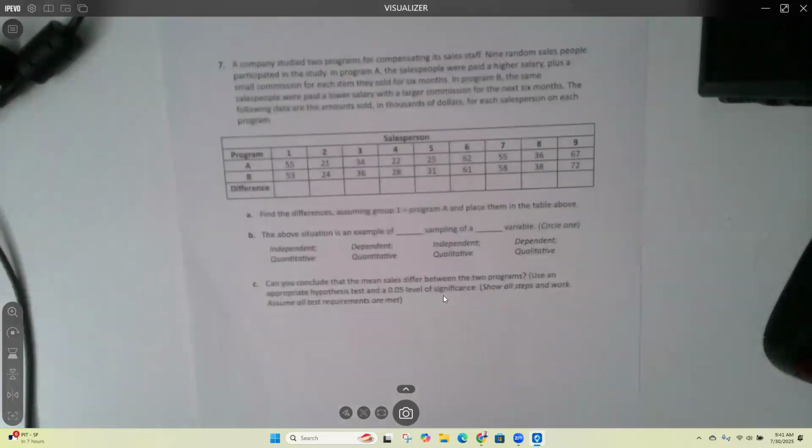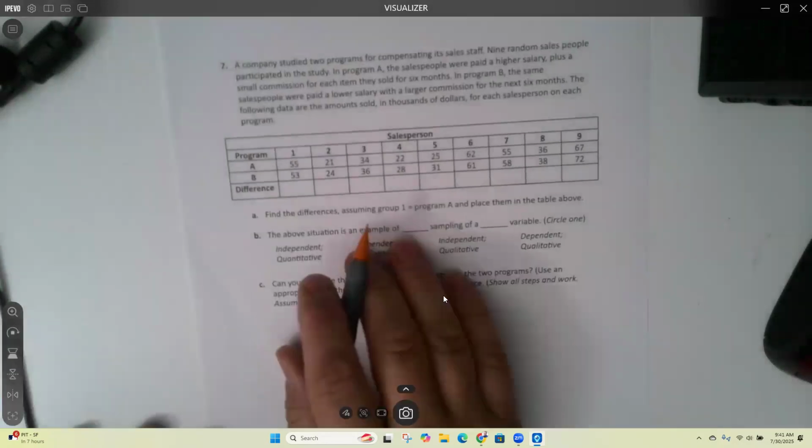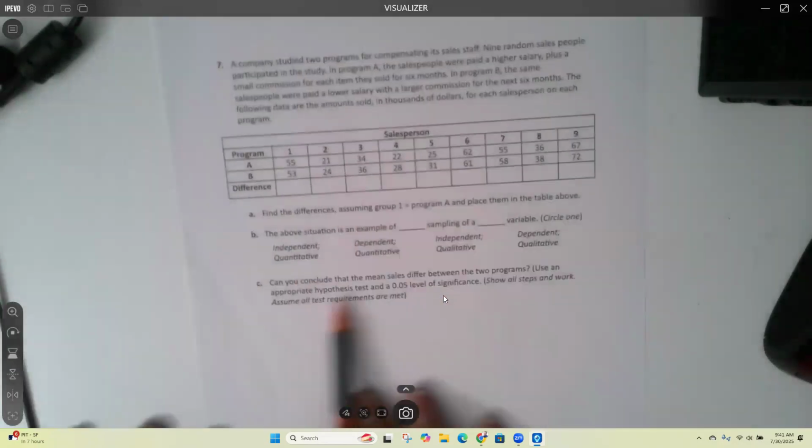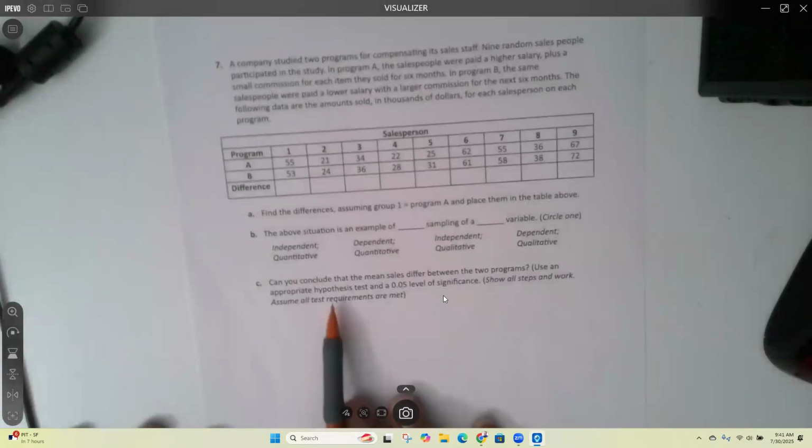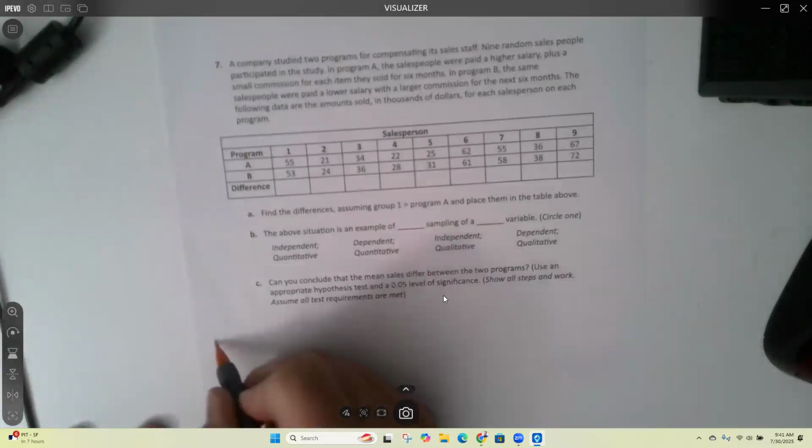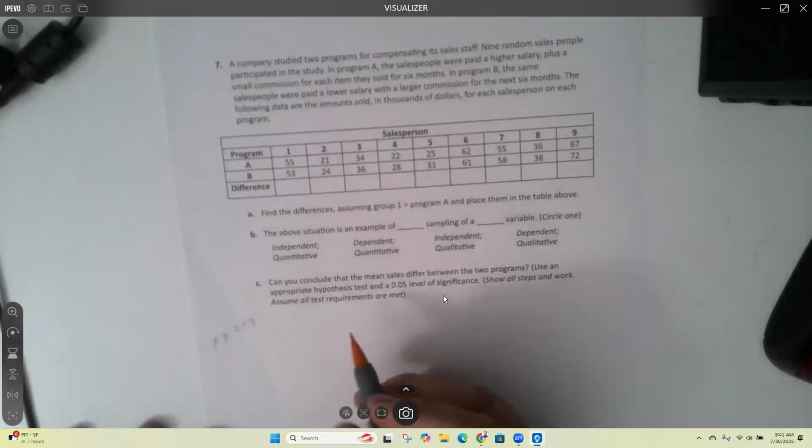Page 531, and then we'll jump in and work on this. This one is page 243.